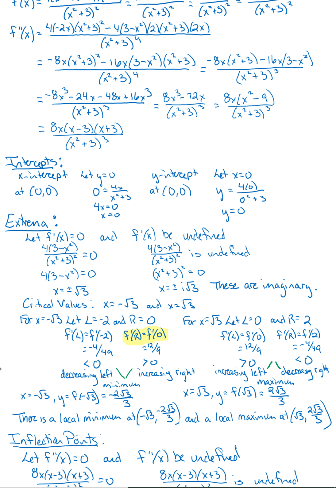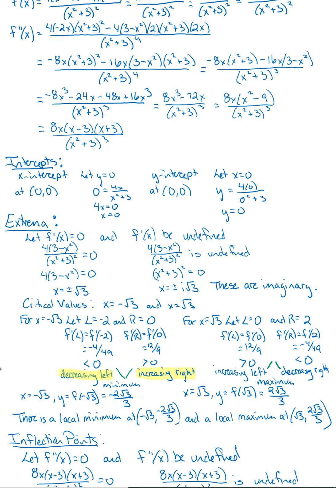And again, I don't go through all that computation. You should be able to do this on your own. However you look at it, you should end up with a positive value. So we're looking at something that's greater than 0. Well, if the first derivative is greater than 0, that tells us our function is increasing. So it's increasing to the right.